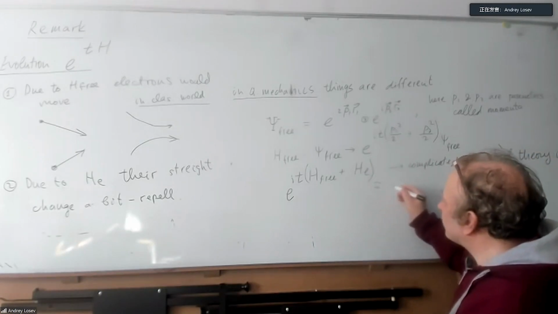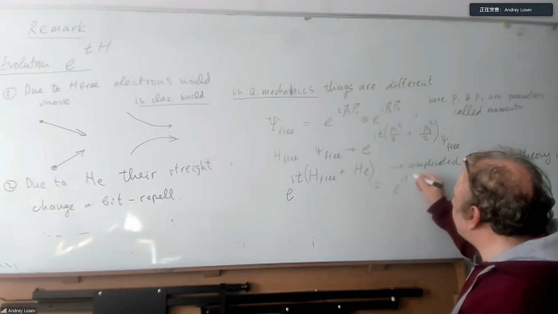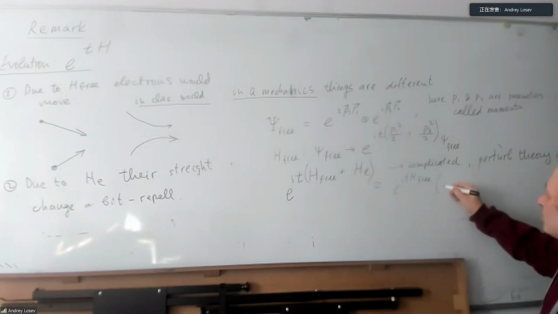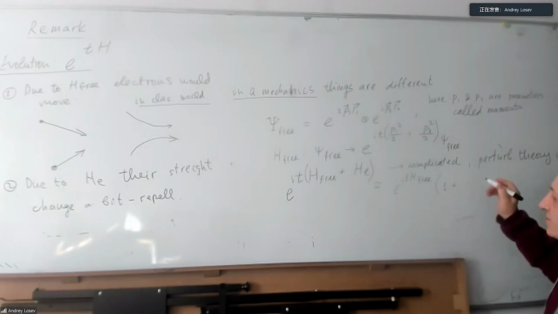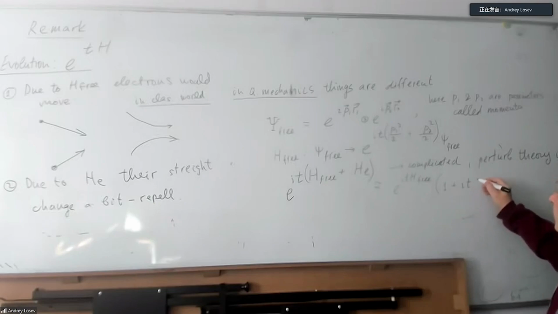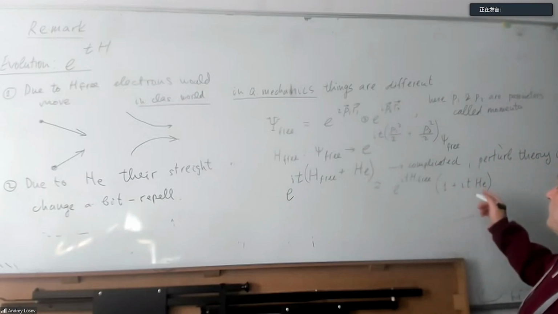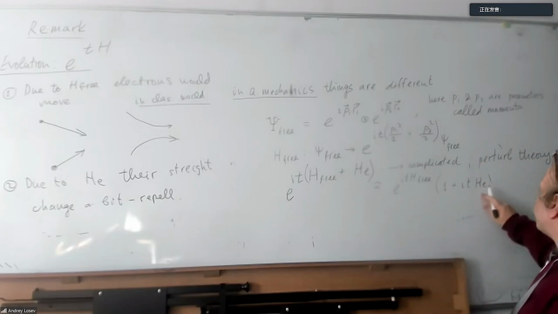So it is approximately e to the itH3, and here we put 1 plus itHE plus O of E squared.